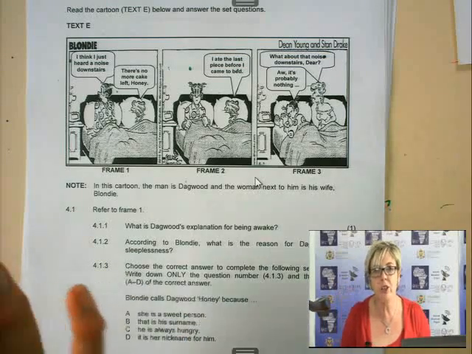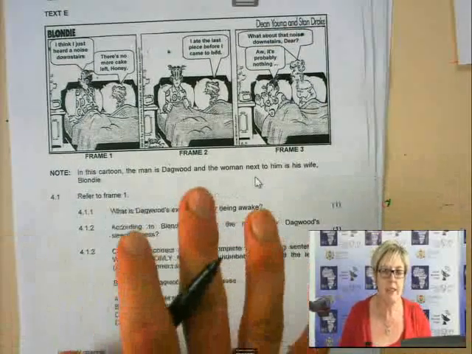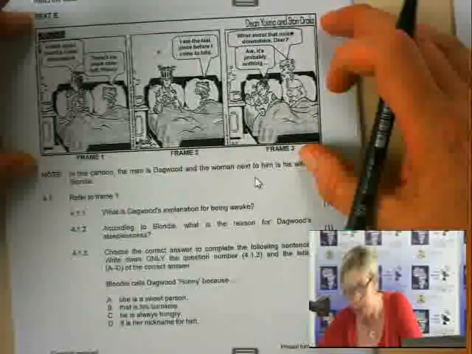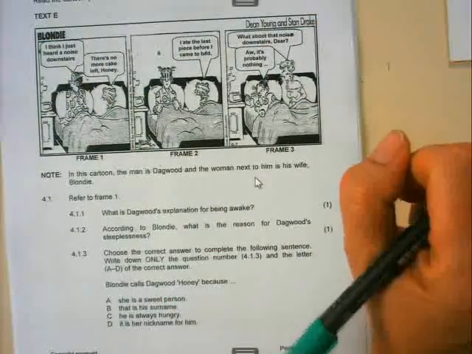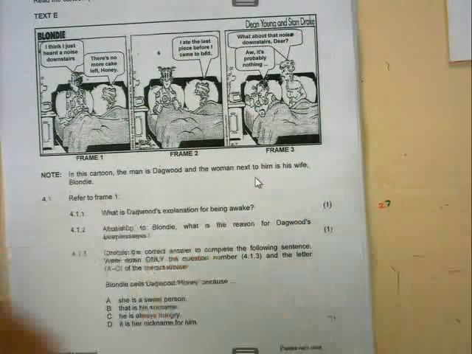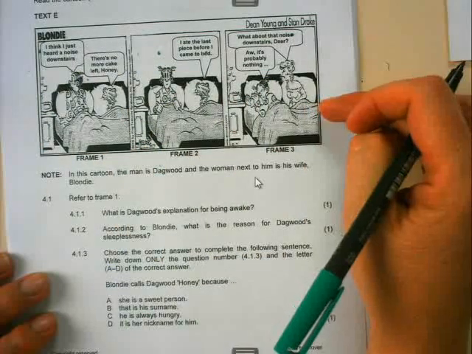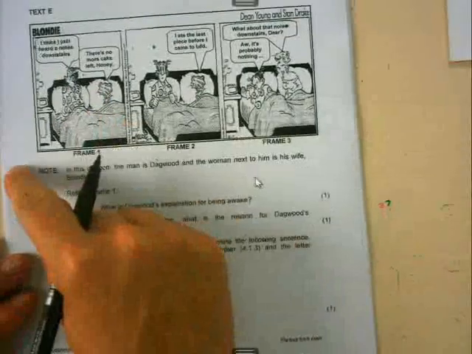So I'm just going to give you a few tips. Remember that there are basically 6 facial expressions. Again, before you look at the questions, go and look at the cartoon. And you have to look at everything in this cartoon, because a cartoon is a mixture of the text, the words that the characters are saying, and also the picture. What do I see in the picture? Visual.